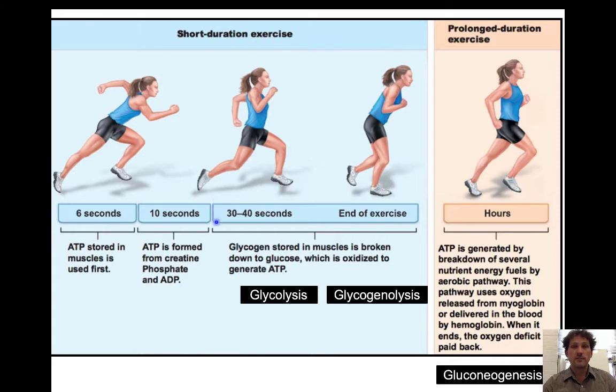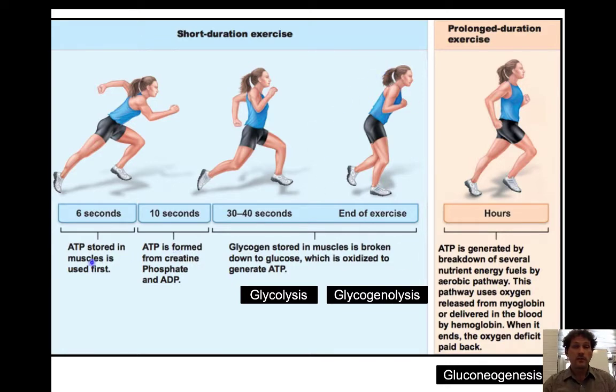Once we get into a little bit longer, 30 to 40 seconds, we are taking our glycogen that's stored in our muscles, breaking it down into glucose, and generating ATP from that. And then this runs through until our short duration exercise is over.